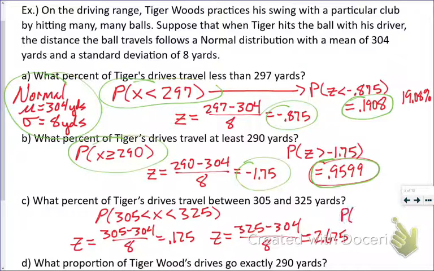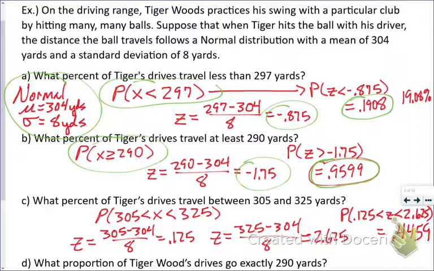And jump to the normal CDF. And you have this one. Notice I didn't even talk about lower and upper bound. So, you know, up on part A, lower bound was negative 999. On B, upper bound was positive 999. On C, I hope it's very obvious. That's our lower, that's our upper, and we get 0.4459.